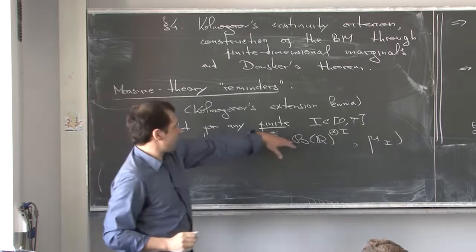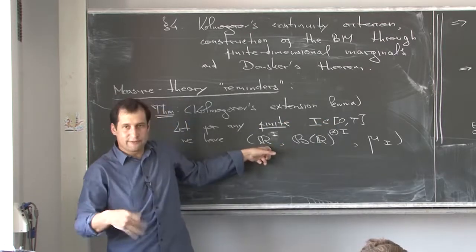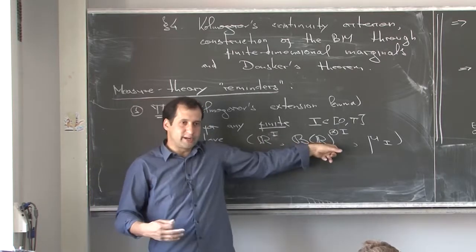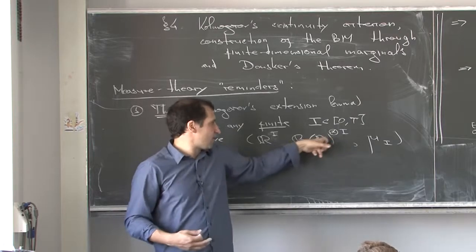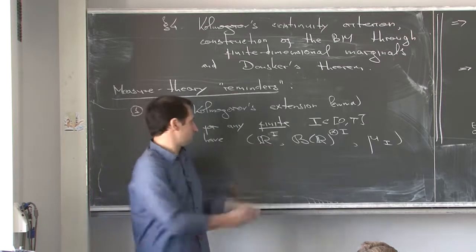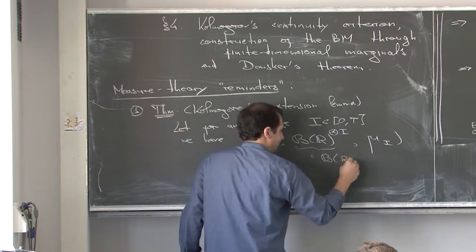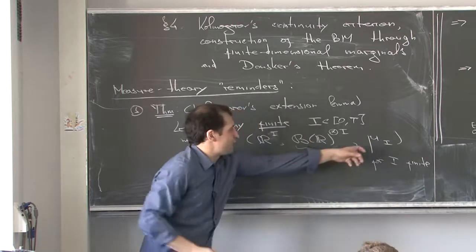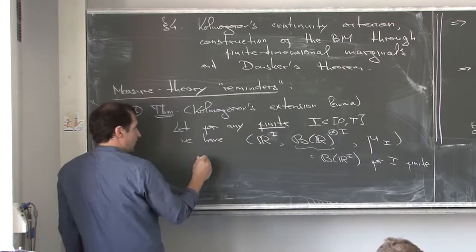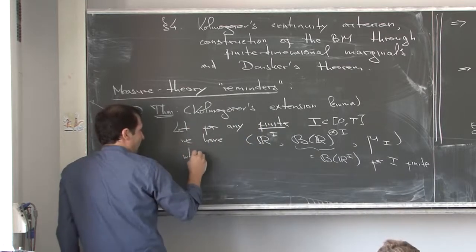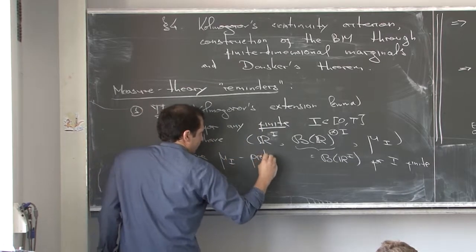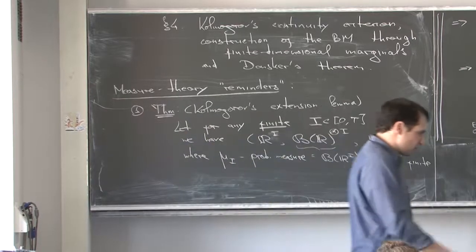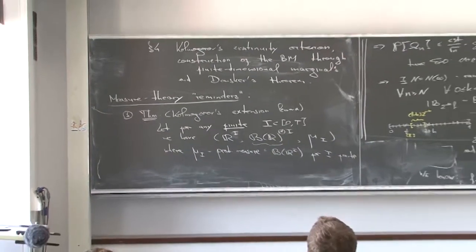If I is a finite set, then this is just a finite dimensional space, just R^n. And this is the tensor product of Borel sigma algebras, which is again the Borel sigma algebra of this one. And this is a probability measure, which should be thought of as the distribution of some random variable in this space.